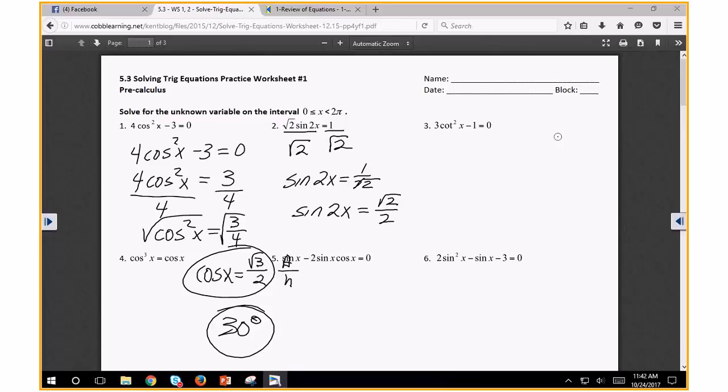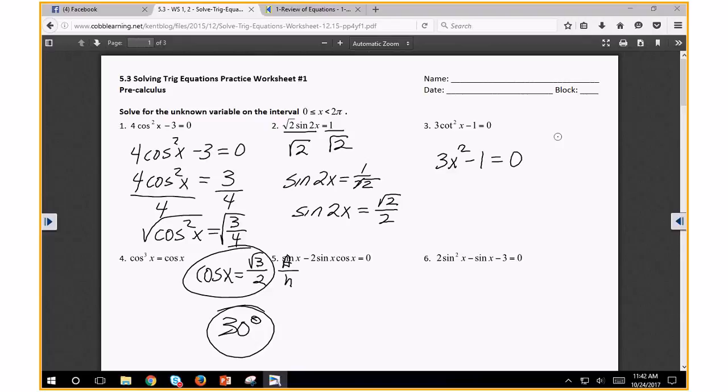This is just like 3x squared minus 1 is equal to 0. I'm trying to get everybody to see that the algebra content that you learned in Algebra 1, Algebra 2, college algebra, it's in these problems. 90% of it's in these problems. The only thing that's different is the trig, in which all you got to do is just bring it down.